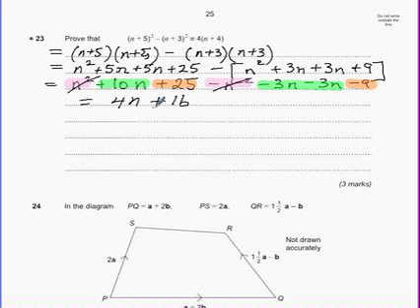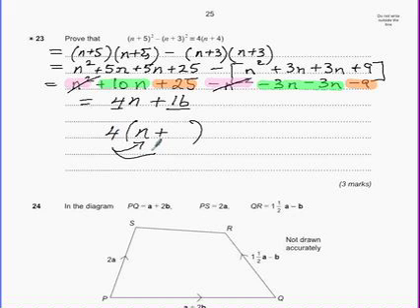If you look at the 4n plus 16, we can see that it's got a common factor of 4. The highest number that goes into 4 and 16 is 4, so that's the highest common factor for both of them. I'm going to open up a bracket and ask myself, 4 times what will give me 4n back? In our case, we're missing the n. Then the next operation we have is a plus, so I'm going to put a plus here.